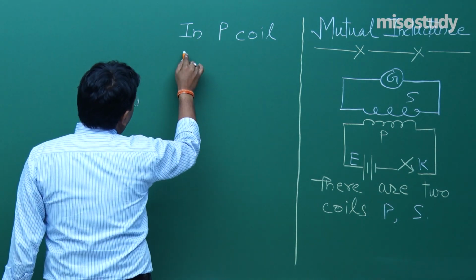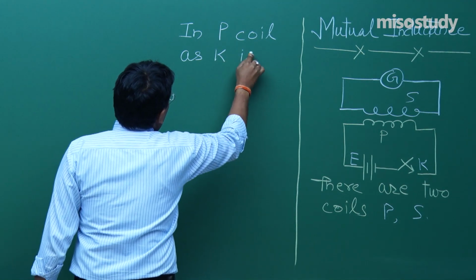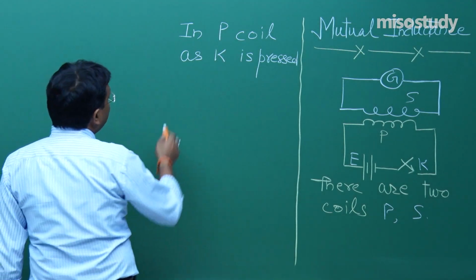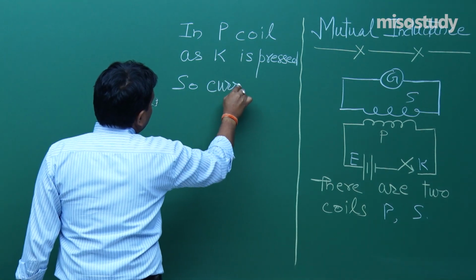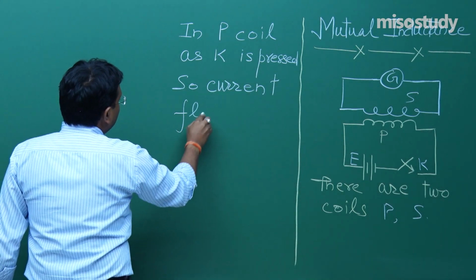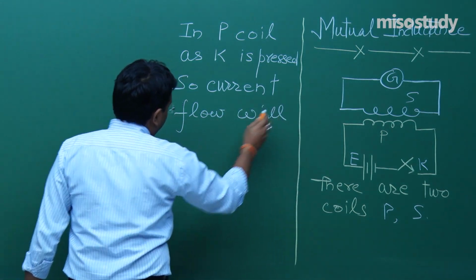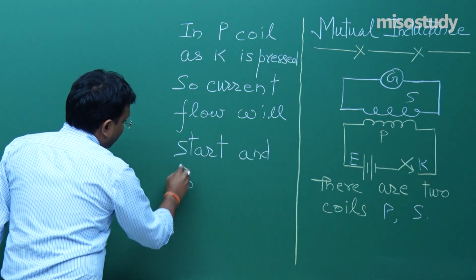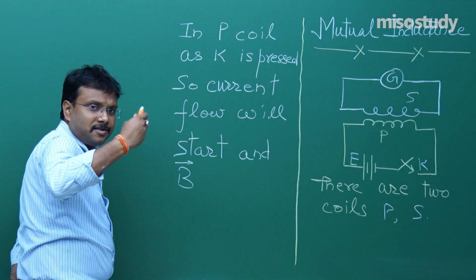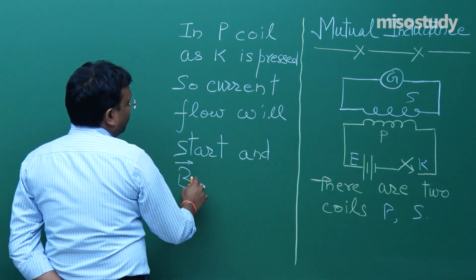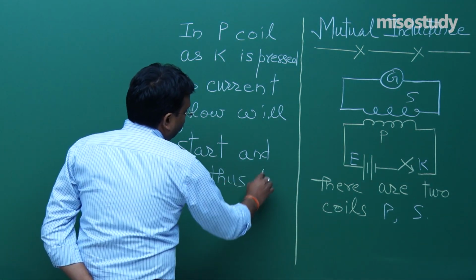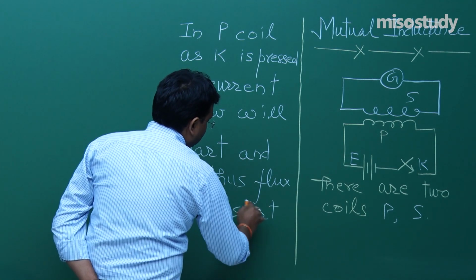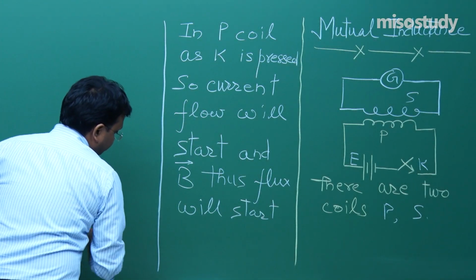In the P coil, as K, that is the key, is pressed, current flow will start and the flux, the magnetic field, will keep on enhancing, so the flux will start changing.